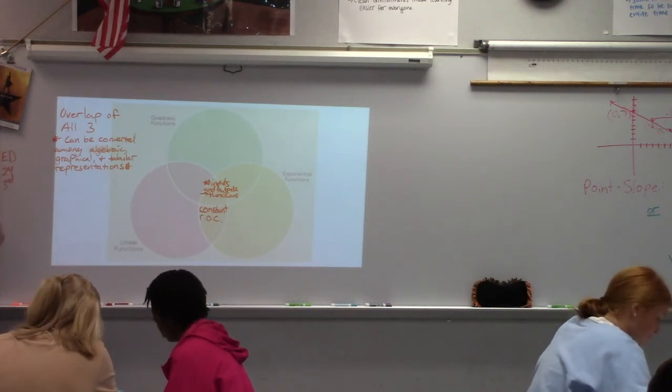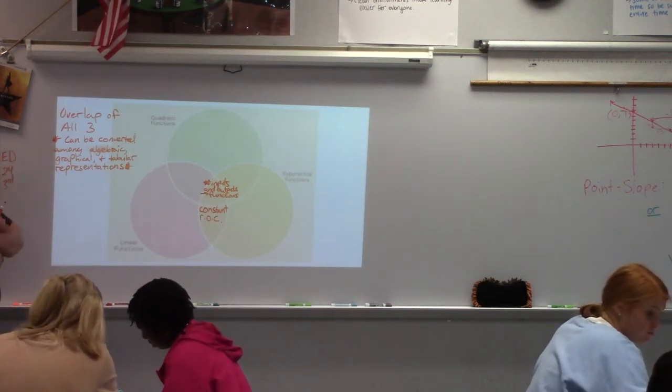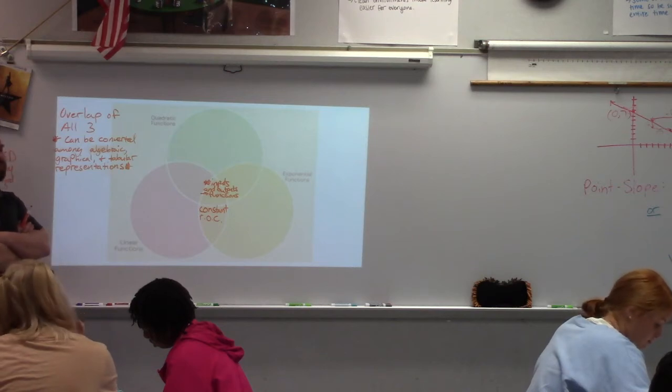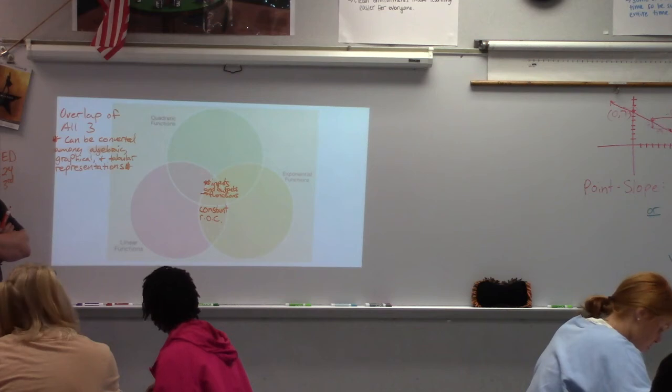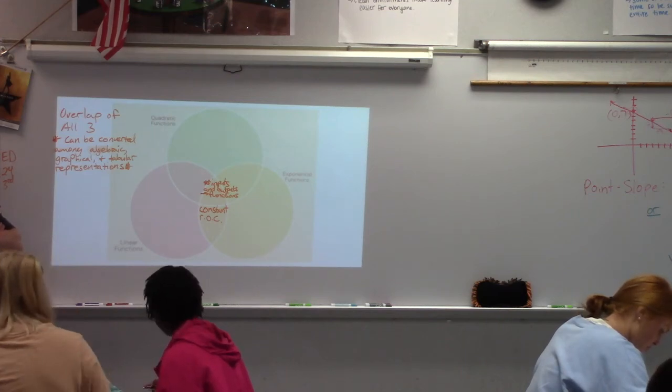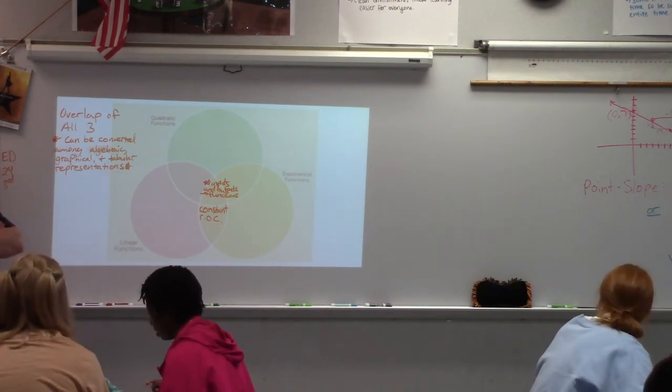Anyways. Let's look at overlap. Is there any other overlap between linear and exponential functions that we've noticed?